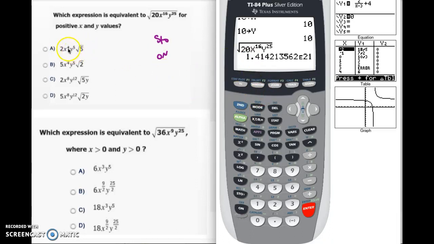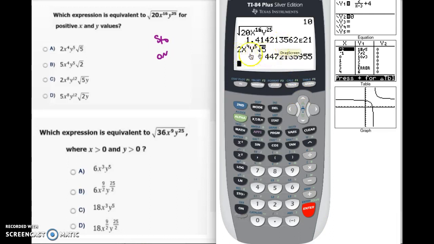Well, let's see if this option A gives me the exact same thing. So 2x to the 4th, arrow over, so it leaves the exponent, alpha y to the 5th, and now I need to put in a square root, so second radical 5. That doesn't match. A is not the correct answer, all right?